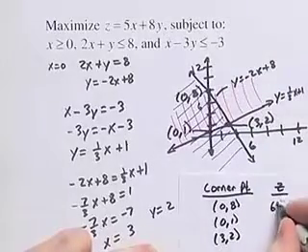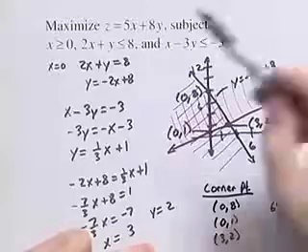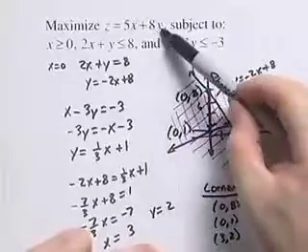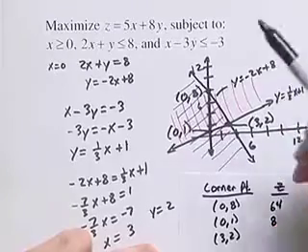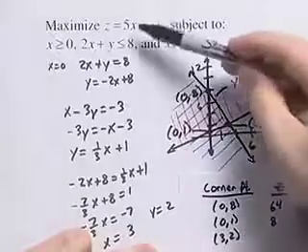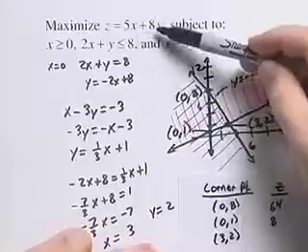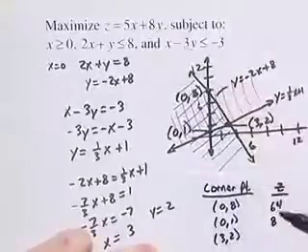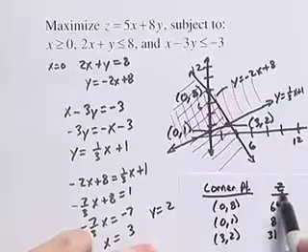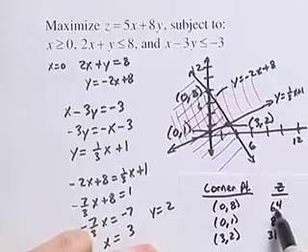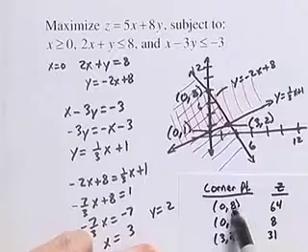That gives us a value of 64. Put in 0, 1, 5 times 0 plus 8 times 1 gives us a value of 8. 3, 2, we get 5 times 3 is 15 plus 8 times 2. So we get 15 plus 16, which is 31. So we can see that the maximum value for our objective function is 64, and it occurs at the point 0, 8.